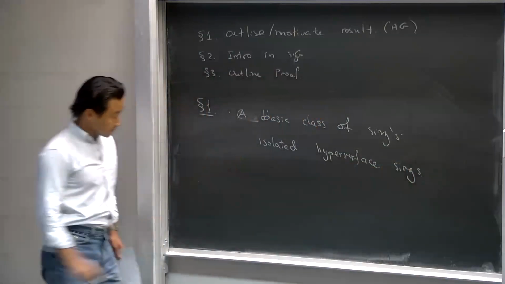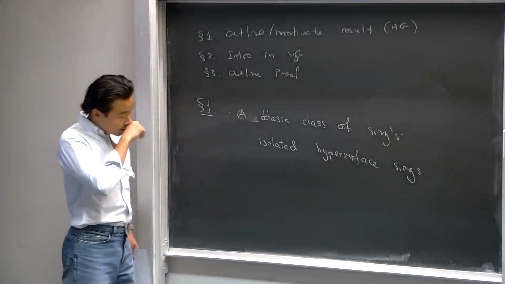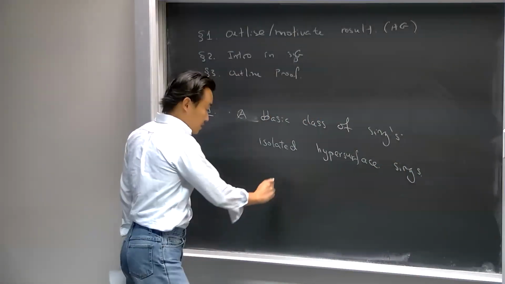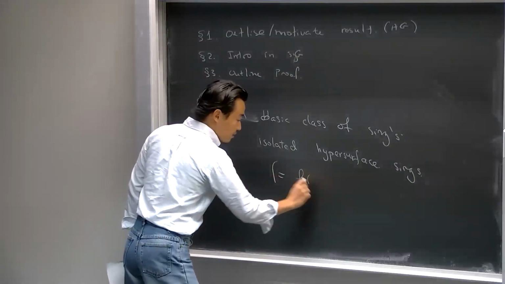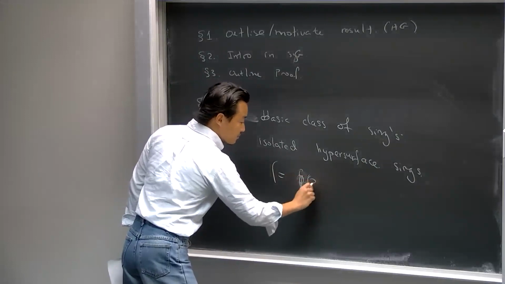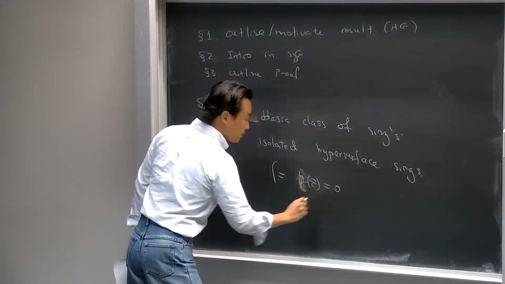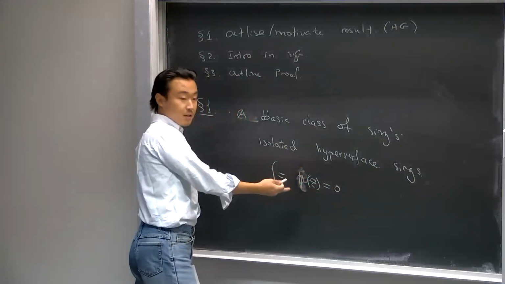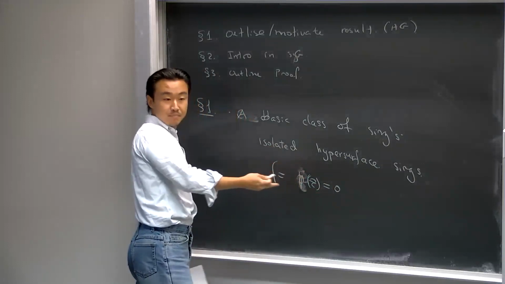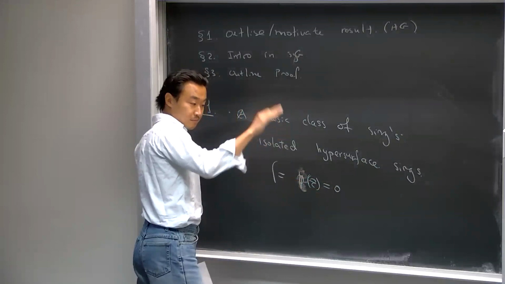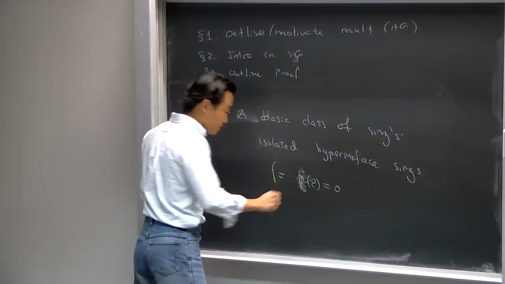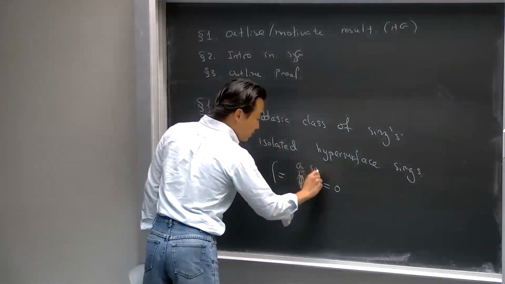An isolated hypersurface singularity is basically an isolated singularity that appears as a hypersurface.